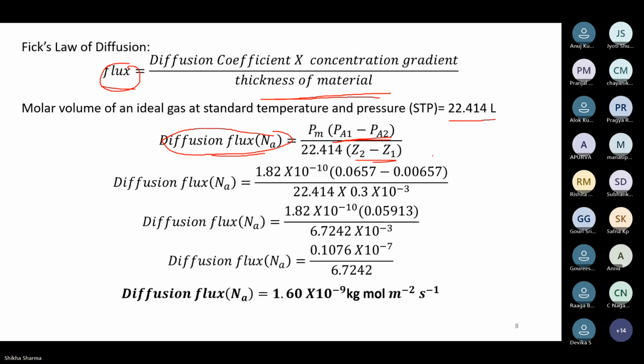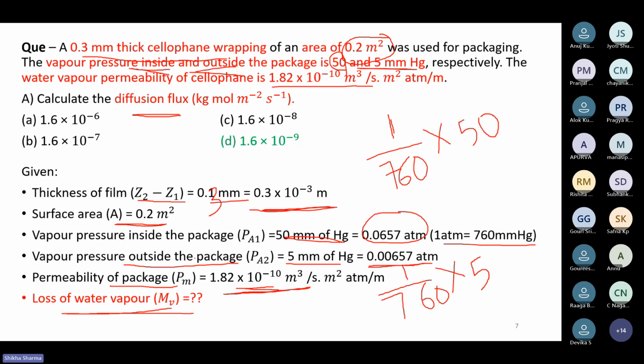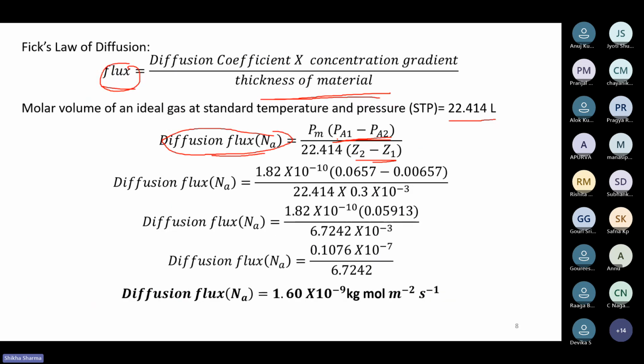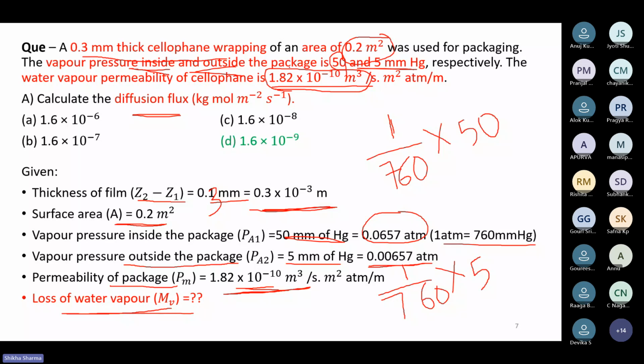So diffusion flux is equal to, first, the water vapor permeability, which is 1.82 into 10 to the power minus 10. Then the change in pressure from inside to the outside of the packaging material.